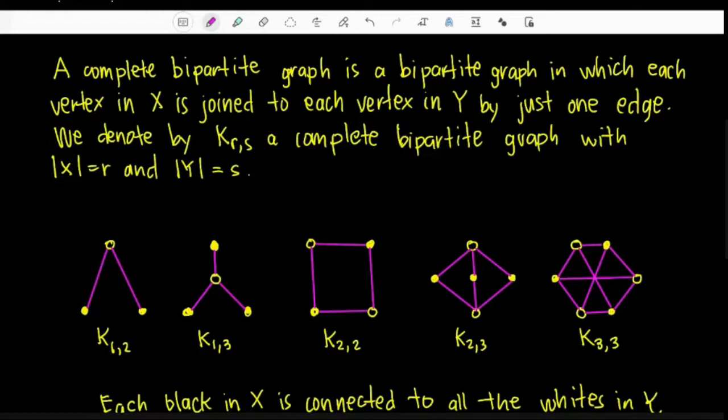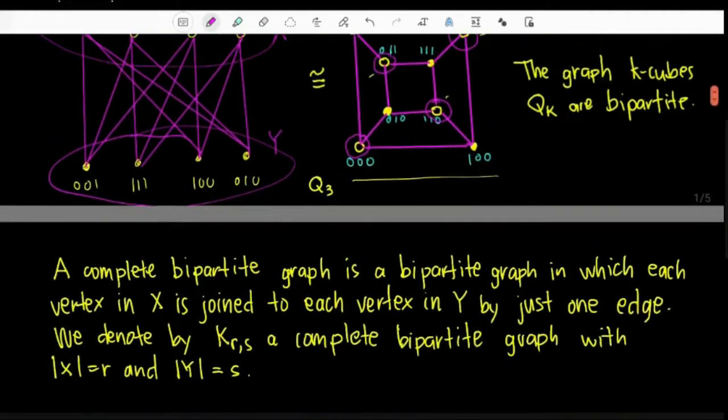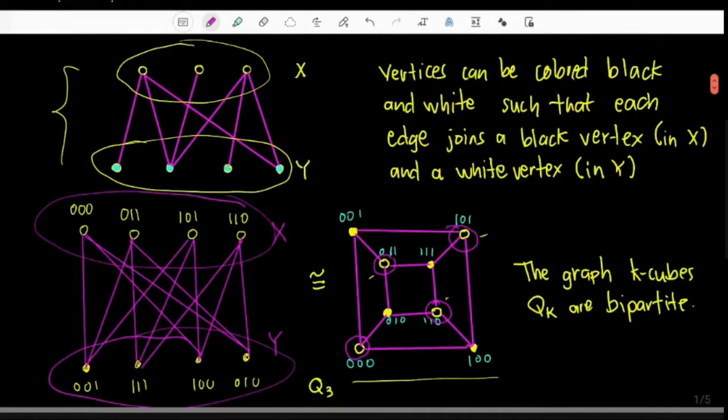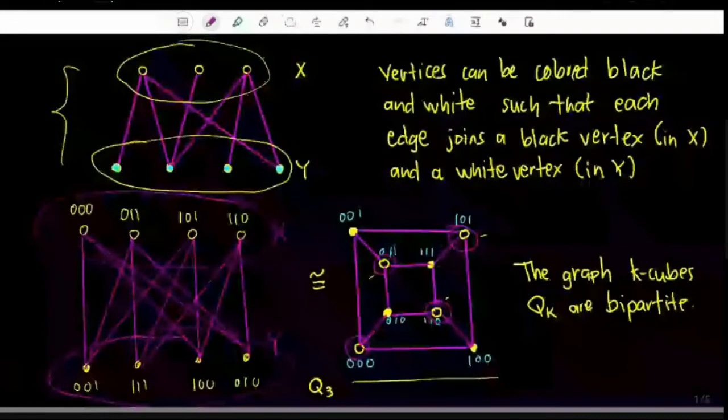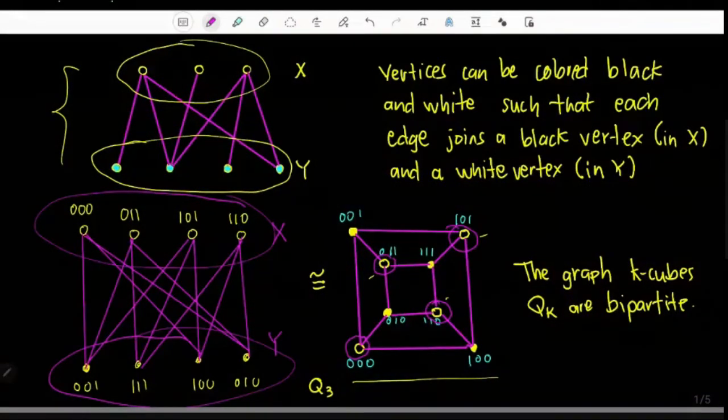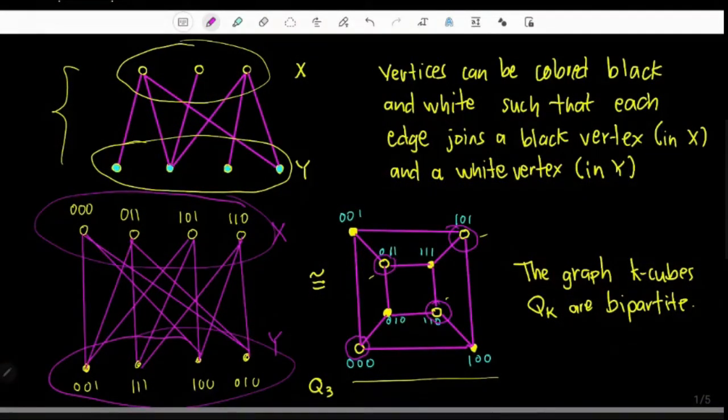In our previous example of a bipartite graph, a vertex doesn't necessarily have to be adjacent to all of the vertices on the other side. For instance, on our cube, (0,0,1) is connected to exactly 3 of the vertices, and any of the vertices of X are connected to exactly 3 of the vertices on the other set.